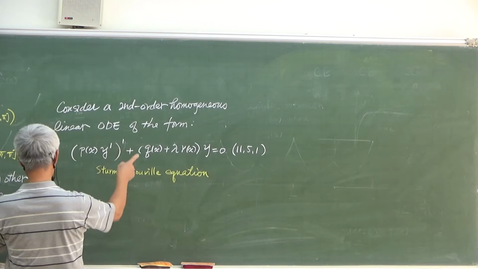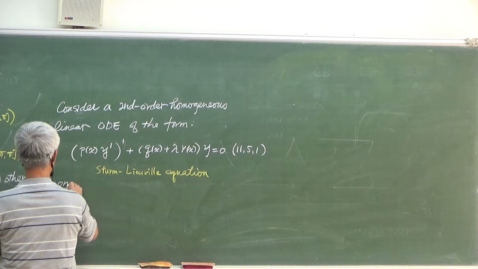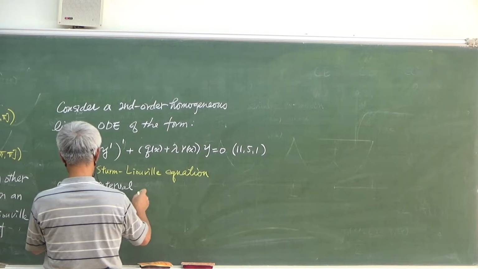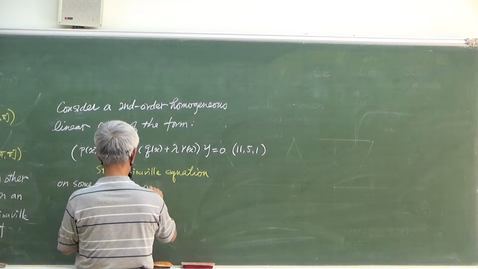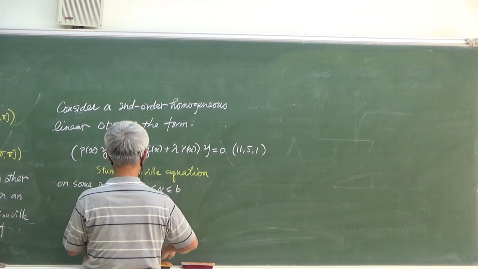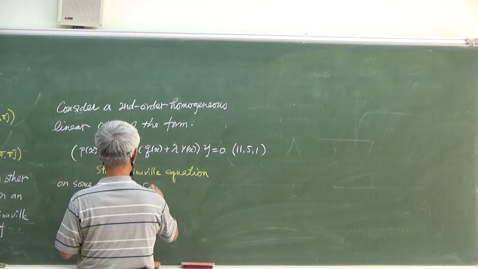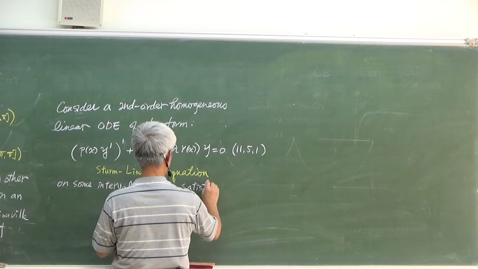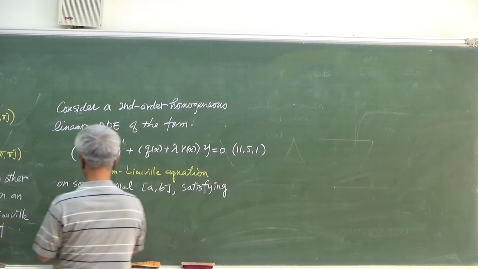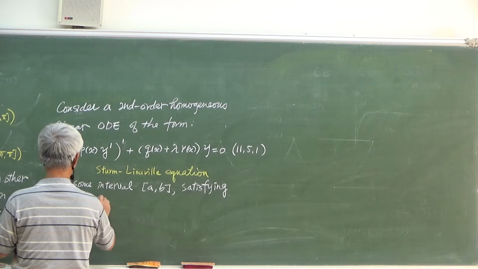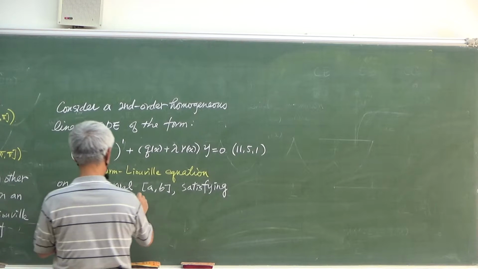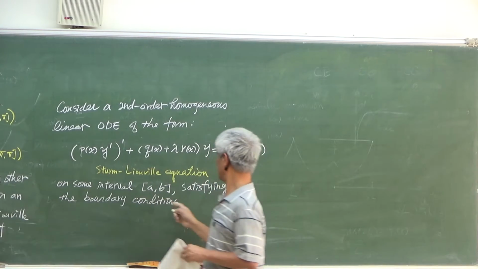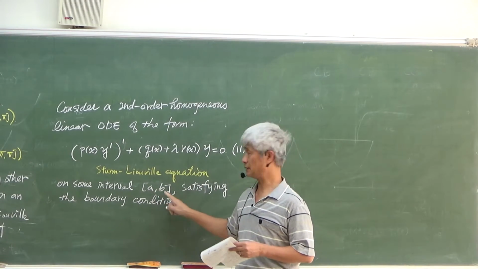All right, and on some interval, say a, b, and satisfying the boundary conditions. Okay, so satisfying the boundary conditions at the two boundary points a and b.